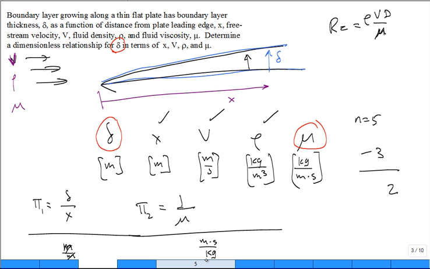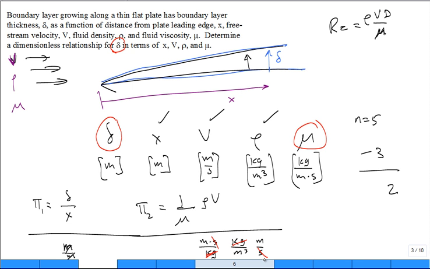If I multiply by rho, then I'll have kilogram over meter cubed, and the kilograms go. True? Now I just have meters and seconds. I need to use V next to get rid of seconds. So if I multiply by V, meter per second, I've succeeded in getting rid of seconds.